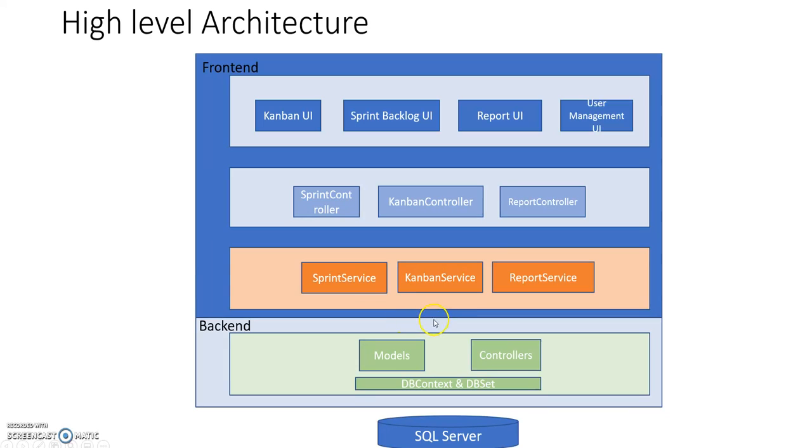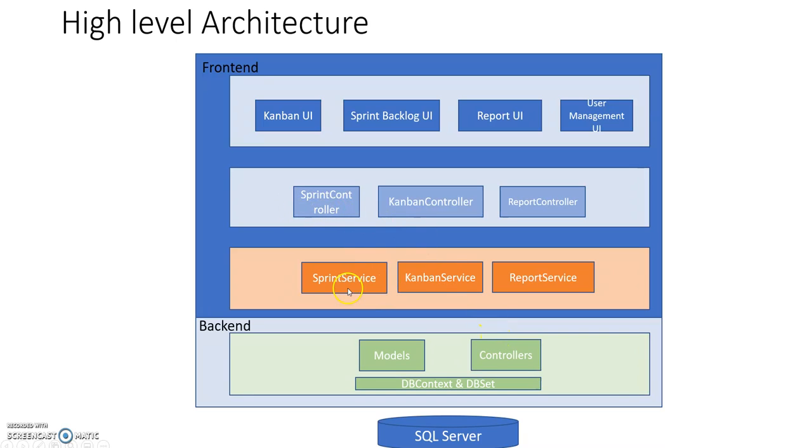The front end is a client which uses the backend, and it has a lot of services, and these services talk directly to the endpoints provided by the backend, and that's how data are pushed and pulled from the backend to the front end.